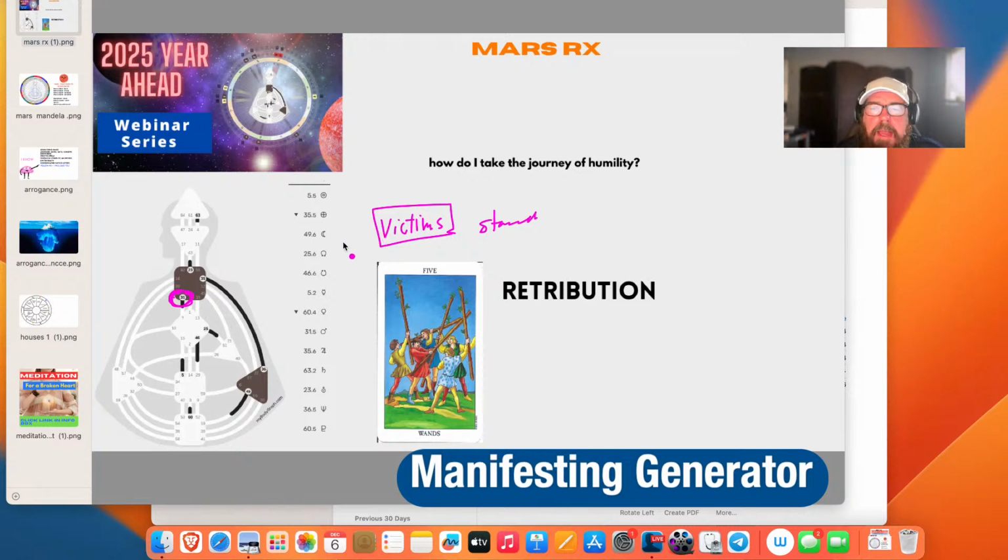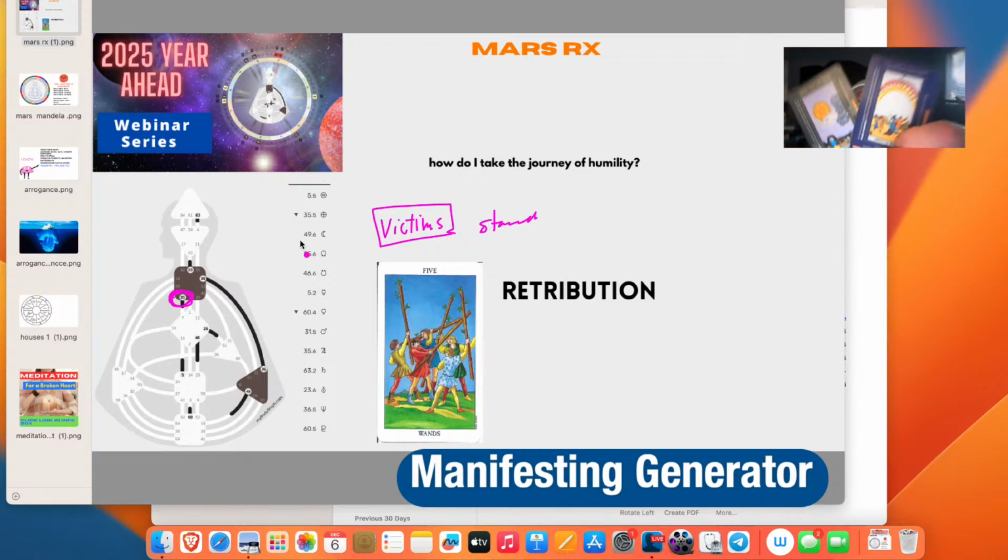I'm going to defer my power, right? It's like, no, you want to stand up for this because it's giving you the 10 of Cups. Whatever this opportunity is, it's bringing you happiness. It's bringing you fulfillment and security, emotional stability, and financial stability, right? So you want to be listening to your own self.